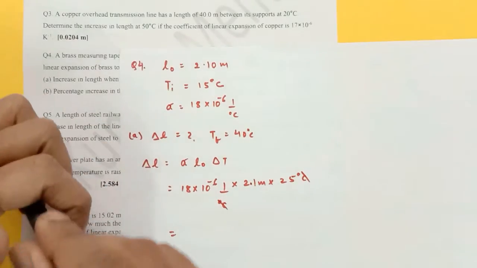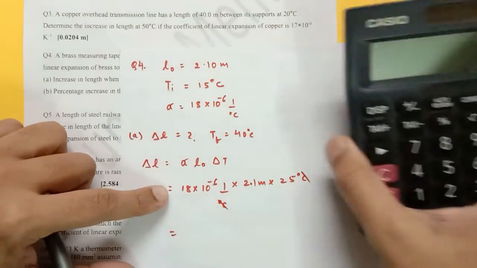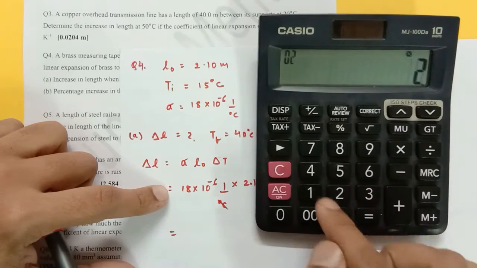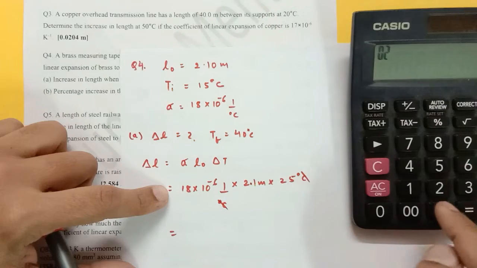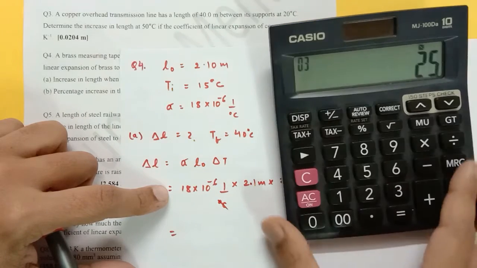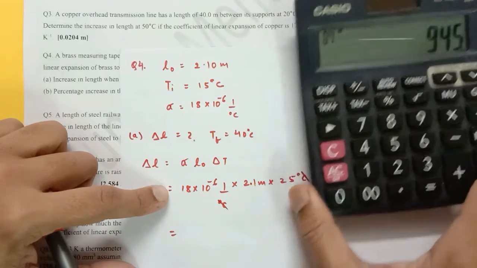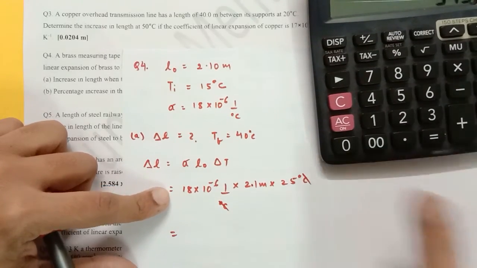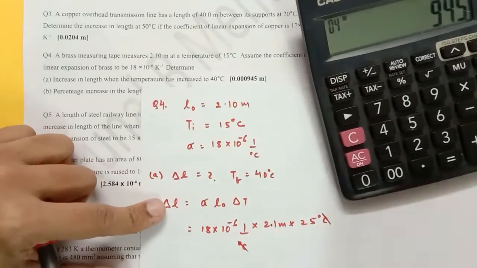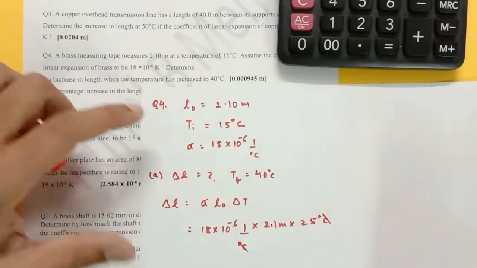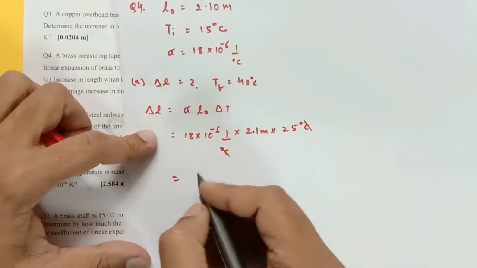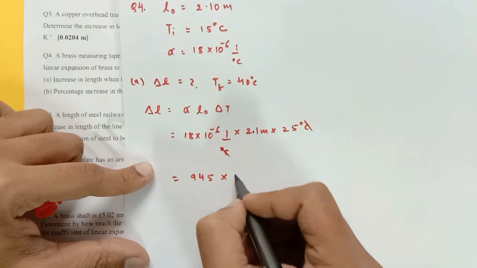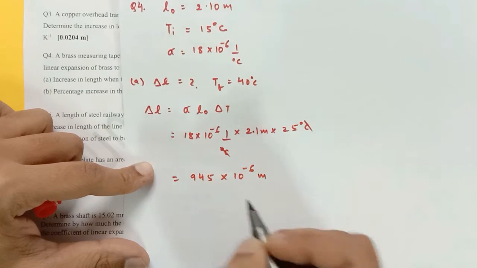So now let me multiply this. 18 multiplied by 2.1 multiplied by 25 is 945, right? So my answer here would be 945 into 10 raised to minus 6 meter.